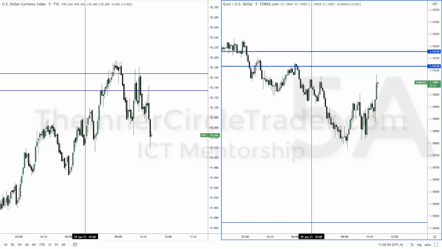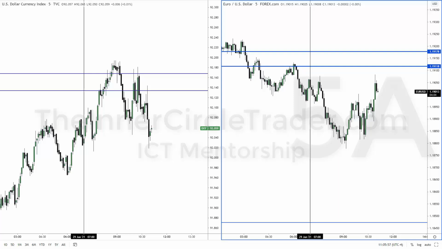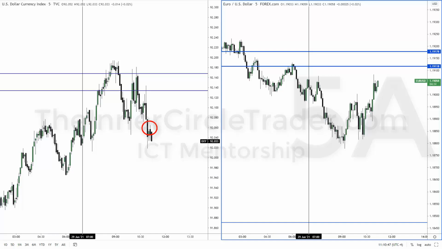Initial short-term sell-side liquidity pool has been swept on dollar index, and euro dollar has made a higher high inside of the New York session, post 7 a.m. New York time. Another opportunity in here. Small little institutional order flow entry drill on dollar index.